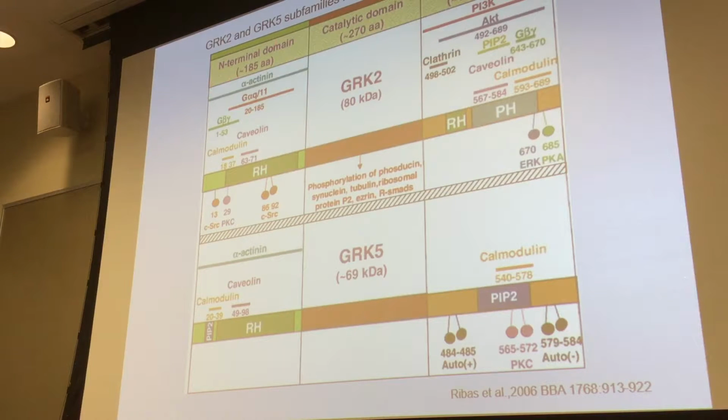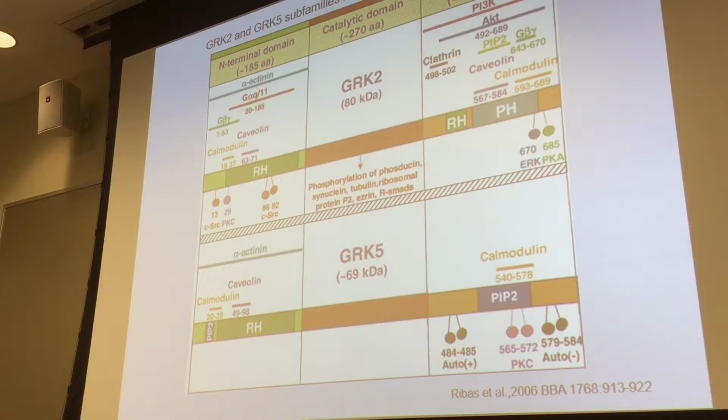So our N-terminal domain is going to allow us to interact with beta-gamma, but then we've also got some amino acid residues that will interact with the beta-gamma over here in the C-terminal domain. So that's what's going to bind us initially to the membrane so that it can begin phosphorylating.